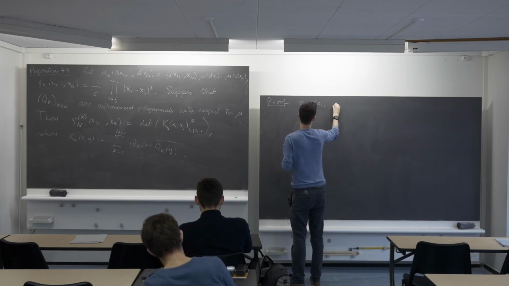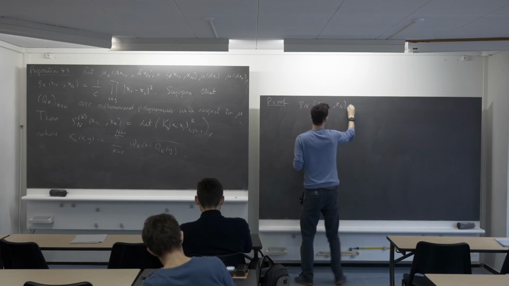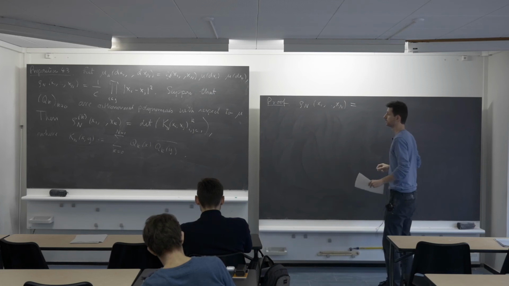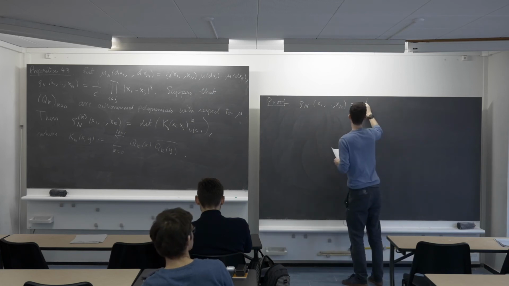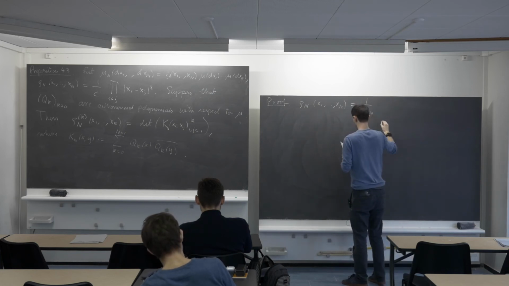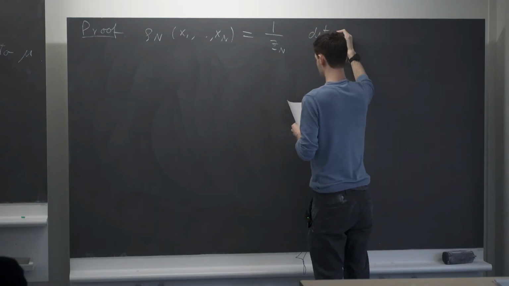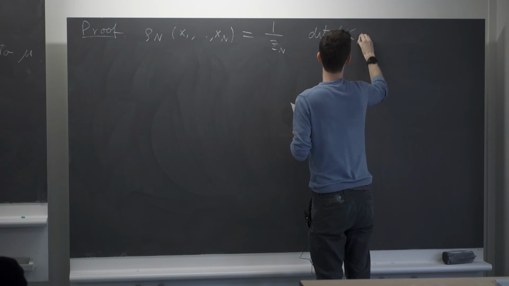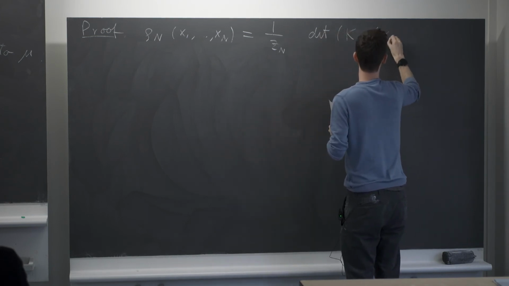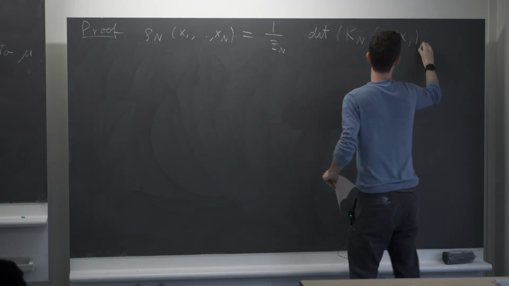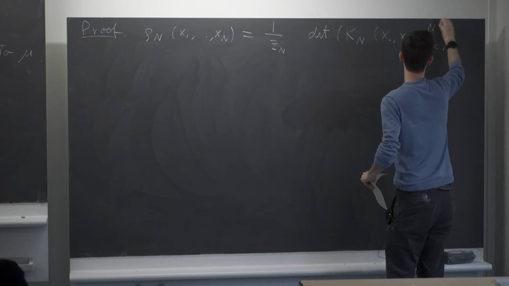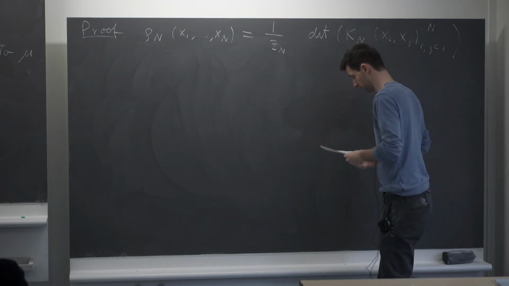So rho n, let me write, now I have to be a bit more precise. Usually I was quite cavalier with my normalizing factors. This Zn is whatever it is, and I will have to track it through the proof.